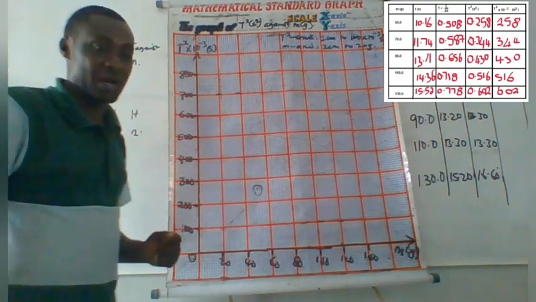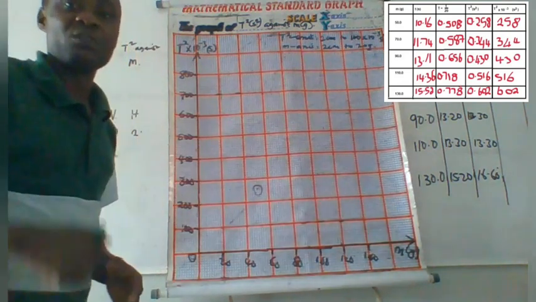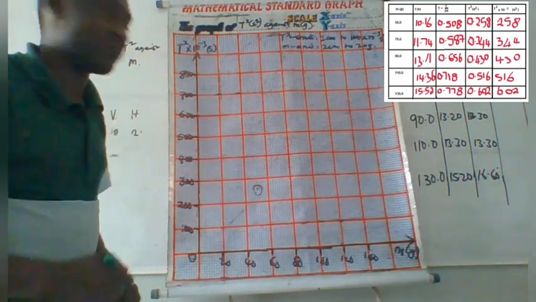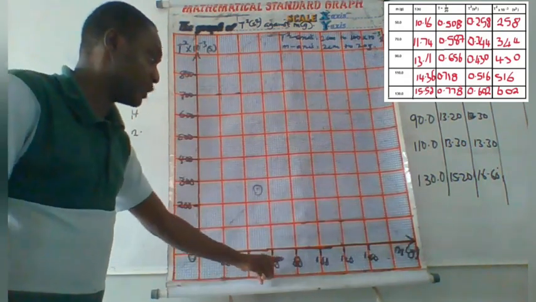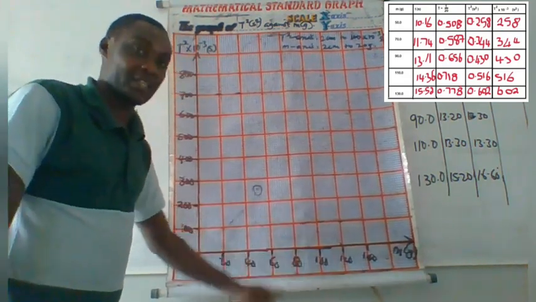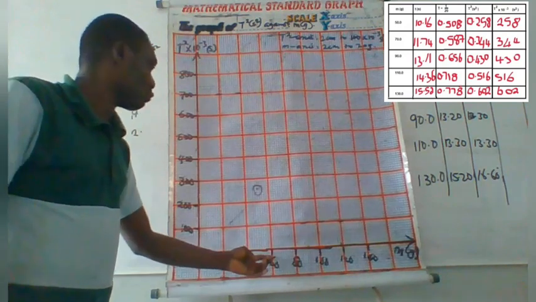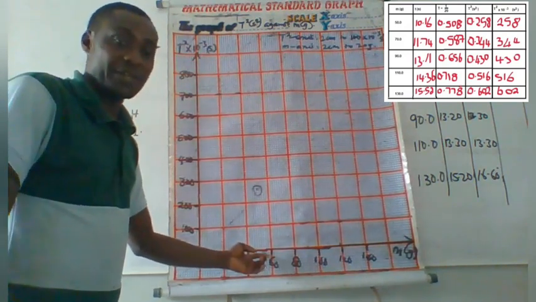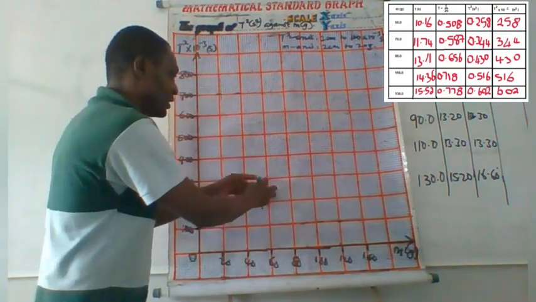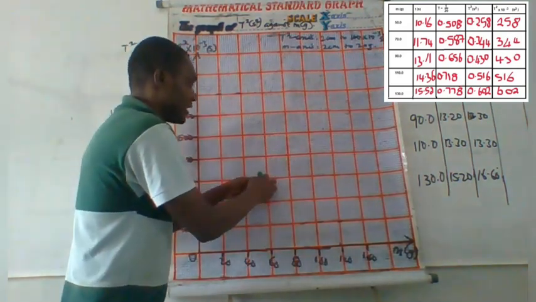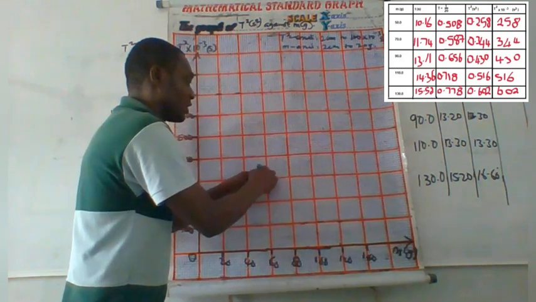Now the next one is 70 for 334. So 70 should be the midpoint between 60 and 80. But let us read 334 from this. So this is 300. This is 310, 320, 330, 340.